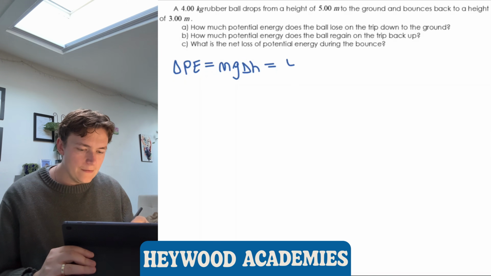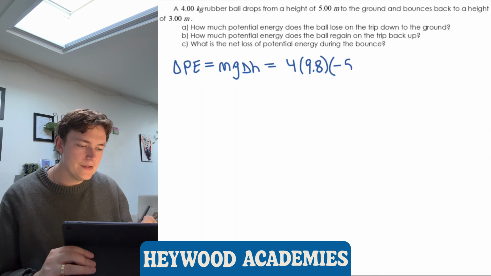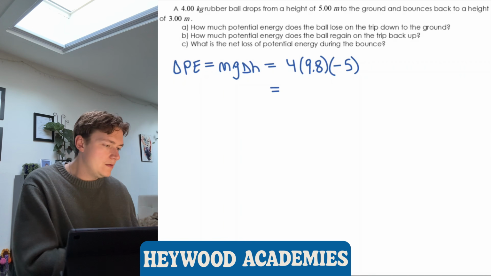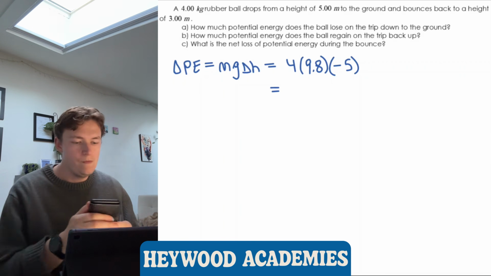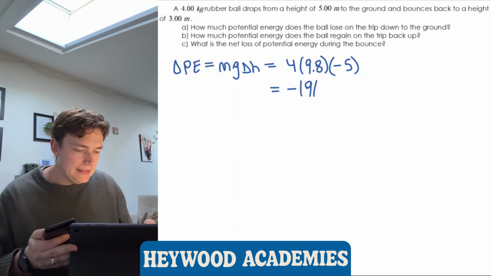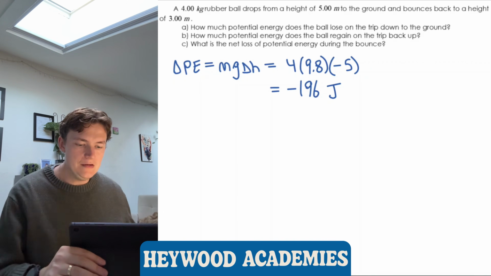The mass of 4 kilograms, g, and delta h, we're going down by 5 meters, so we're going to put in a -5 in this equation this time. So we have lost 196 joules of energy on the trip down to the ground.